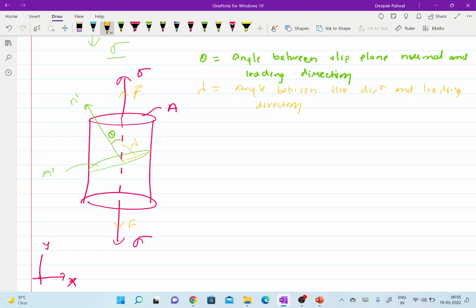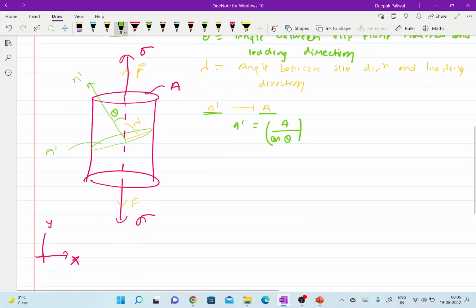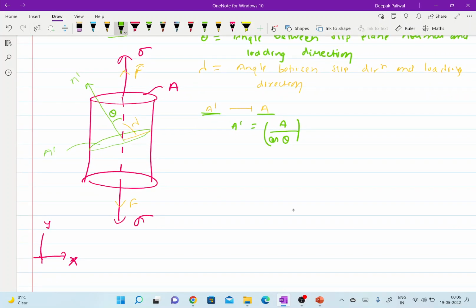So if I want to write A prime in terms of A, I can take the projection of A prime over A, and from simple geometry we can calculate A prime is equal to A cos theta. In a similar fashion, I want to take the component of this force F along the slip direction.